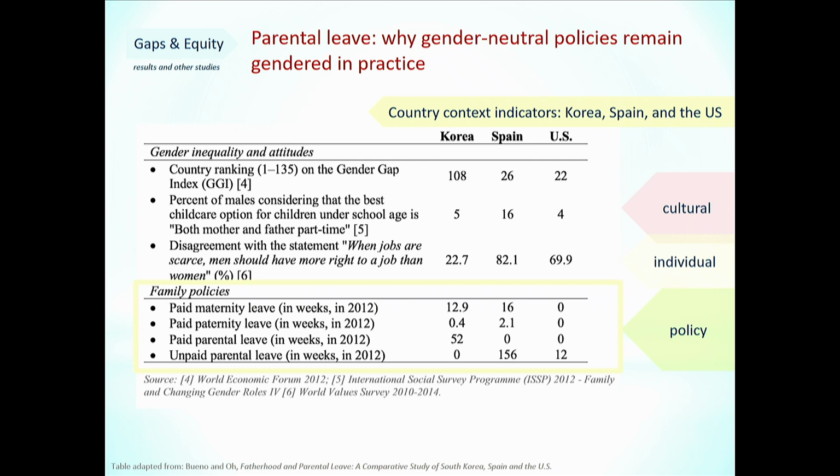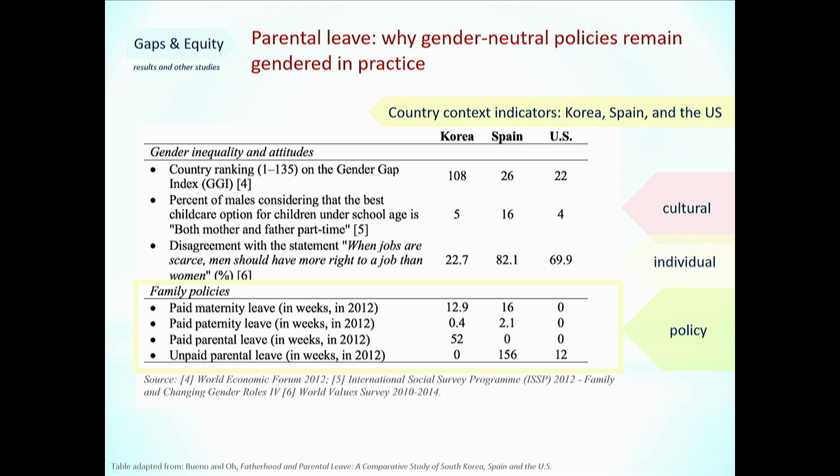Now, if we look at the top part of this graph, we see other nuances to these policies. So, for example, we see that in the US and Korea, not very many males agree, or the percent of males that consider the best childcare option to have both parents is not very high, especially compared to Spain.